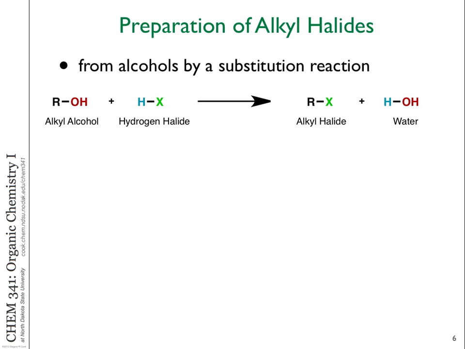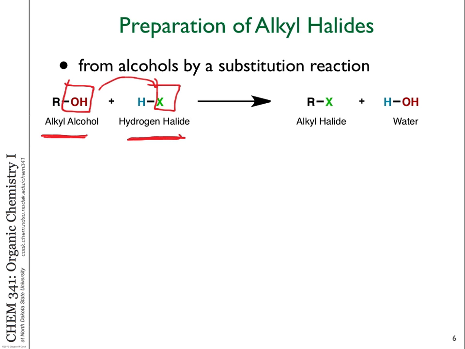So one of the things that we can do with an alcohol is to react it with an acid, a mineral acid like hydrogen chloride or hydrogen bromide, HCl, HBr, some hydrogen halide, and we get a reaction which substitutes the OH group for the halogen.